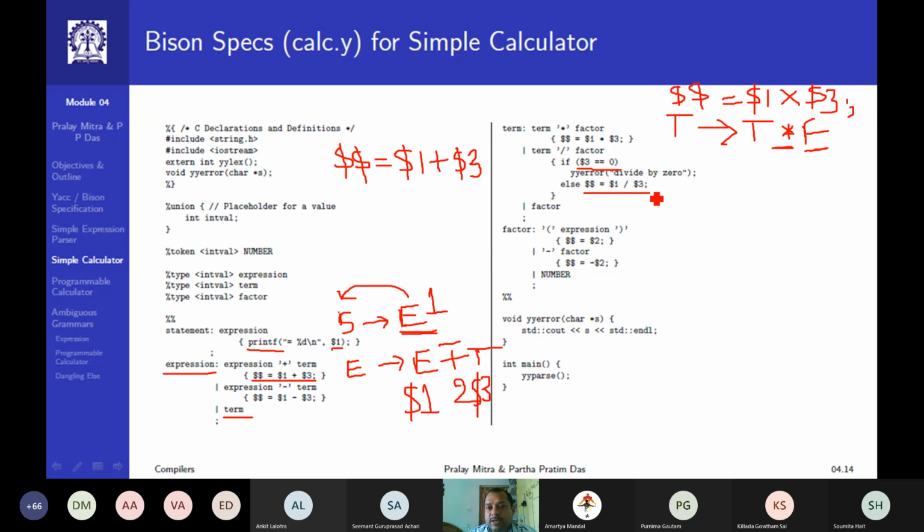So instead of doing the division, I am reporting one error, YY error, division by 0. It will trigger this error function, auxiliary function. That's what I mentioned, that you please print there is an error.